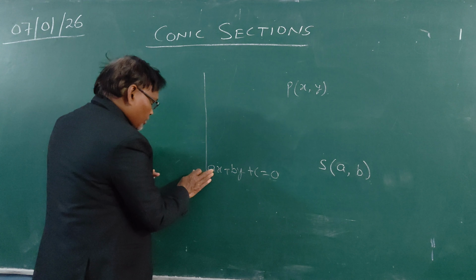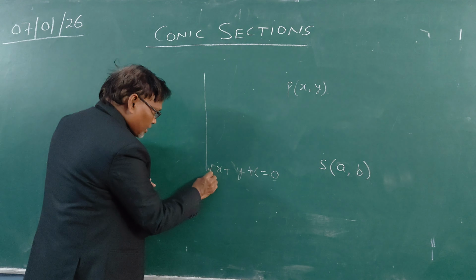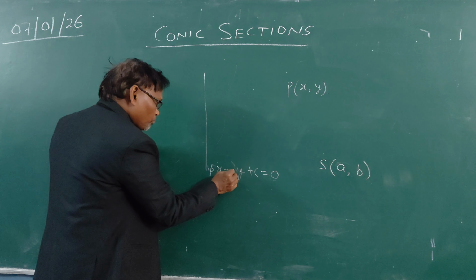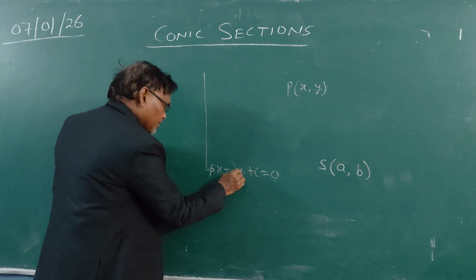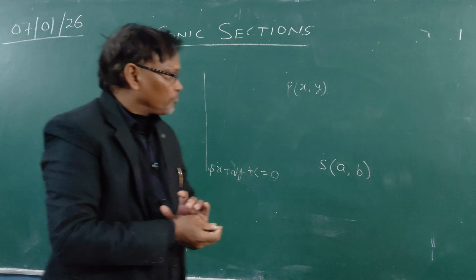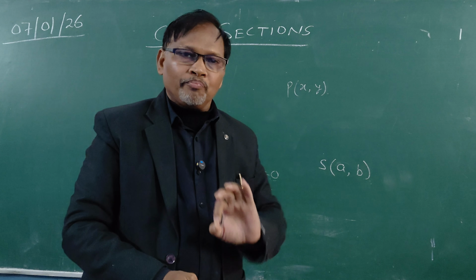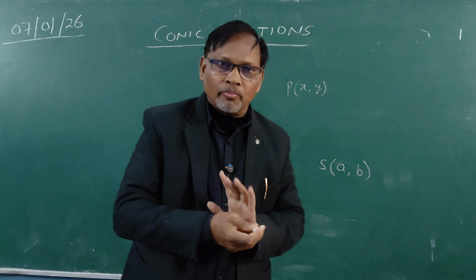So you can take another variable, because a and b are used: px plus qy plus c equal to 0. That means a fixed line, a fixed point and a movable point.